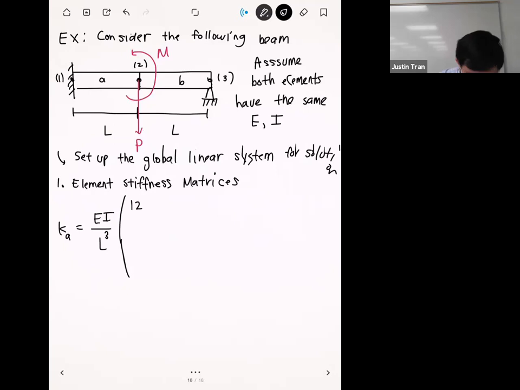So we have 12, 6L, minus 12, 6L, 6L, 4L squared, minus 6L, 2L squared, minus 12, and so on and so forth. You can see that I obviously don't have this memorized because it's kind of big.